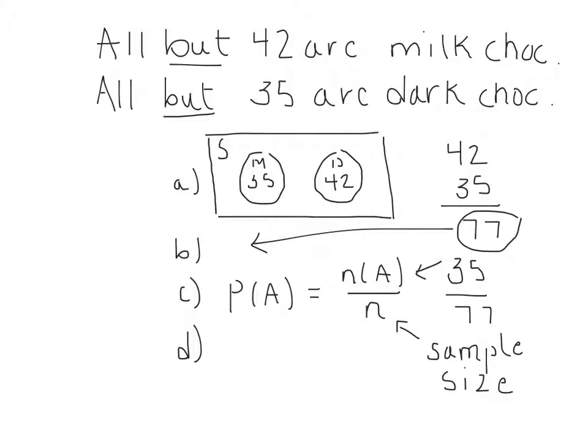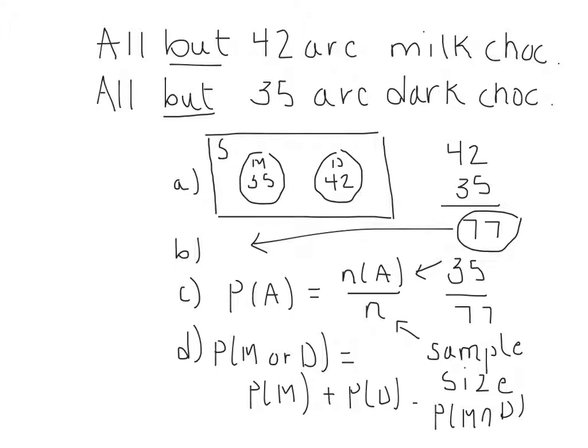In D, if one chocolate is selected at random, what is the probability that it is milk or dark chocolate? Well, we've learned that OR means union.